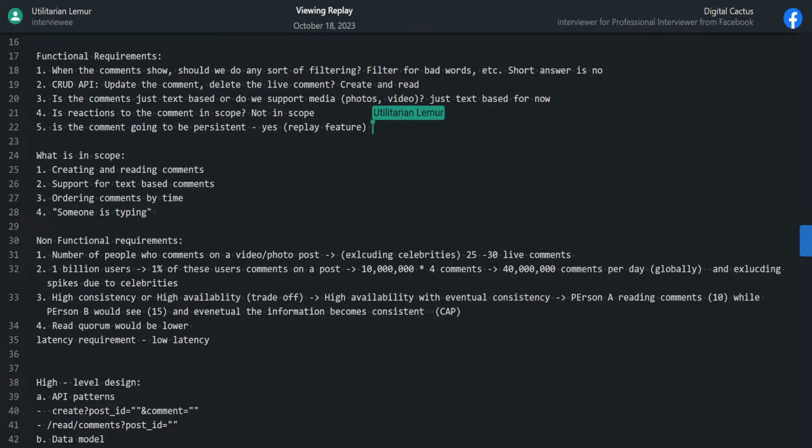So comments should persist, but no replay video. And the latency requirement is low latency, right? Latency, consistency, and availability are all taken care of.